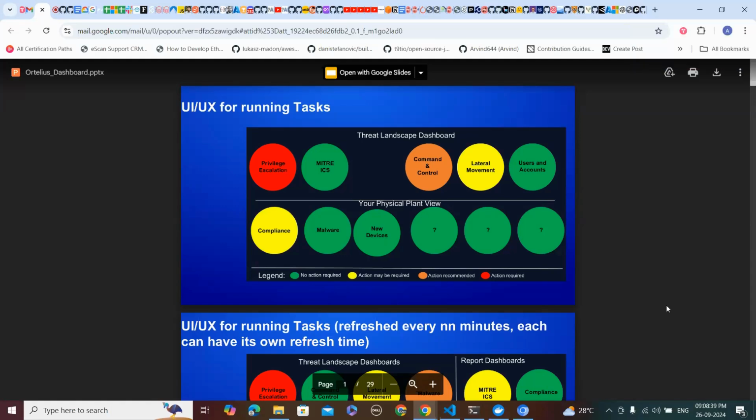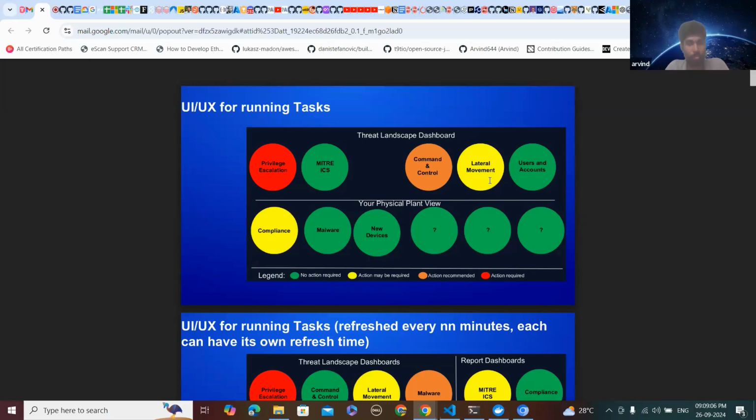It was always the same: privilege escalation, command and control, and lateral movement. So you'll see boxes for that, and those are the vulnerabilities.